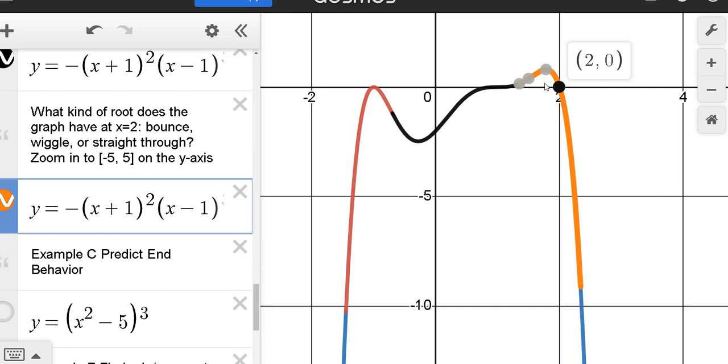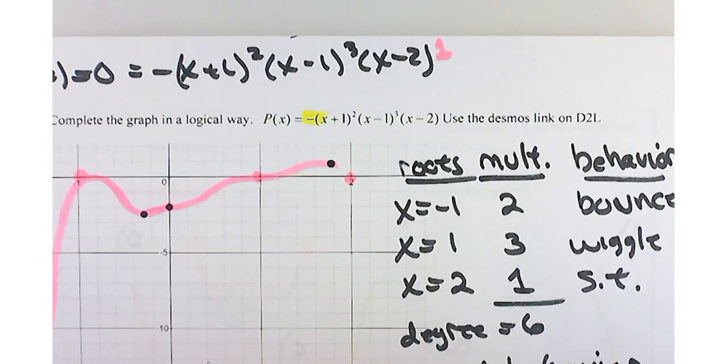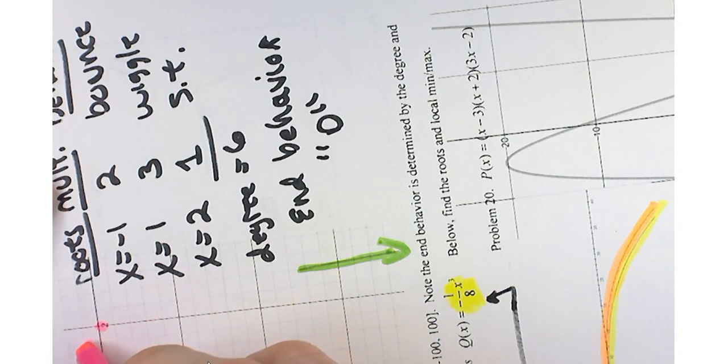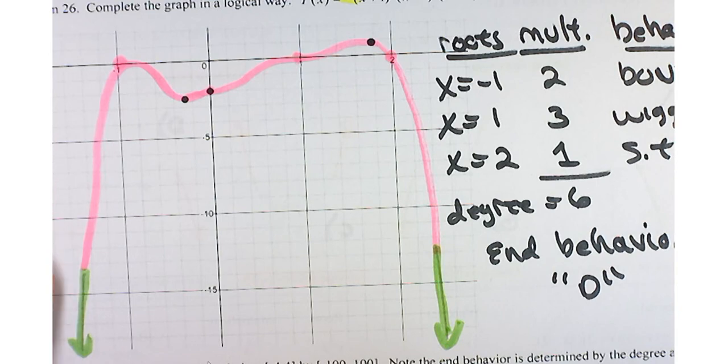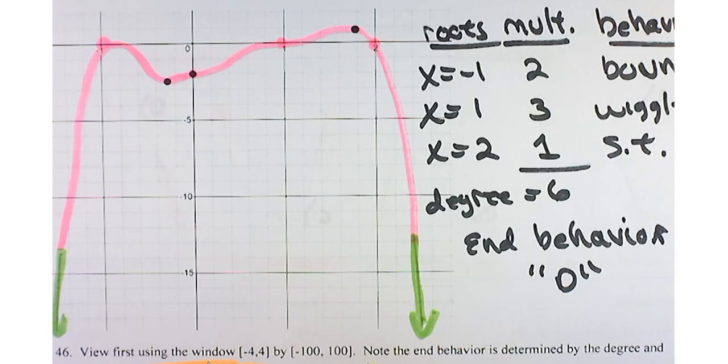It just literally goes straight through. So there's our last piece. And I'll draw that one here. And apologize for the vertigo. So there's your graph. Nice.